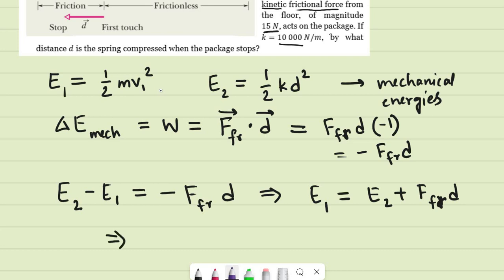What does it entail? We have E1, half m v1 squared, E2, half k d squared, and the work due to friction, F friction d.